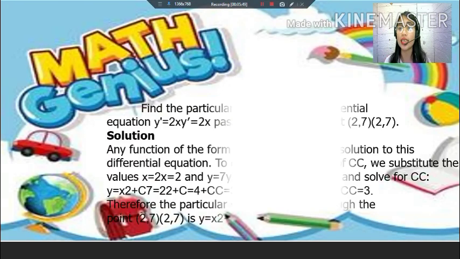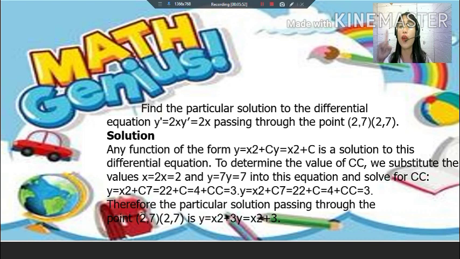For this one is the third example. Find the particular solution to the differential equation y prime equals 2x, passing through the point (2, 7).